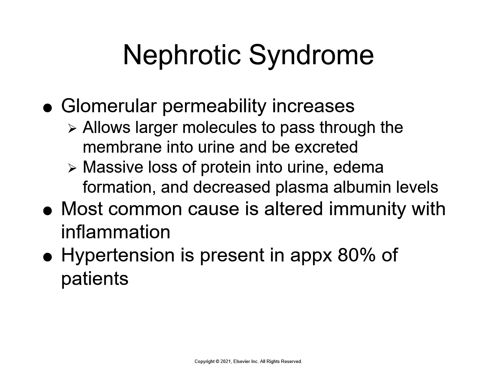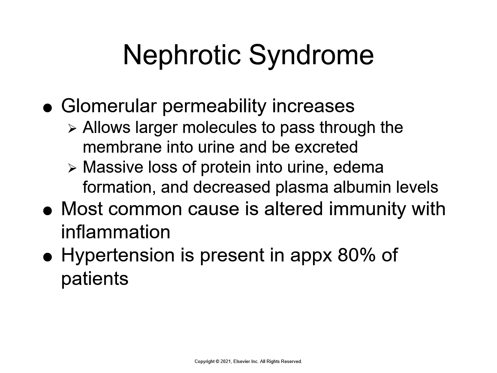Now, I told you a while ago we were going to talk about the nephrotic syndrome. I wanted you to get through the problems with the glomerular problems, but nephrotic syndrome involves, of course, the glomerulus. Because the permeability will increase and it will allow bigger molecules like blood and protein to go through the membrane into the urine, and it will be excreted.